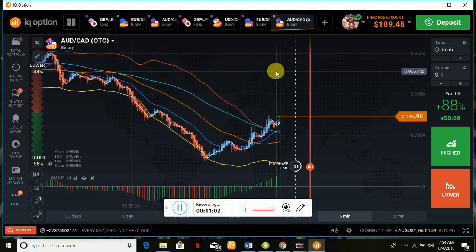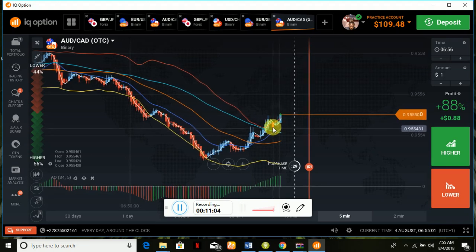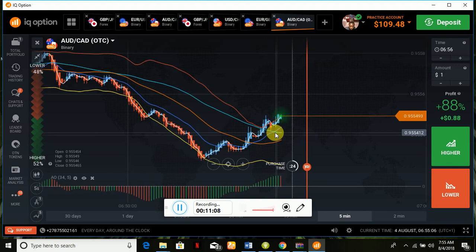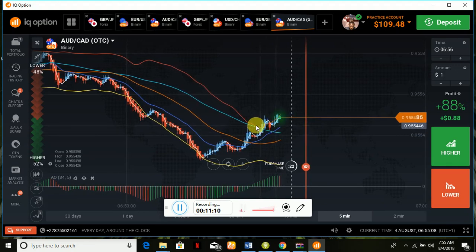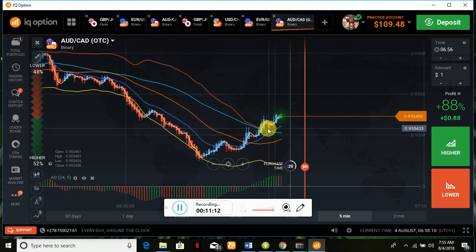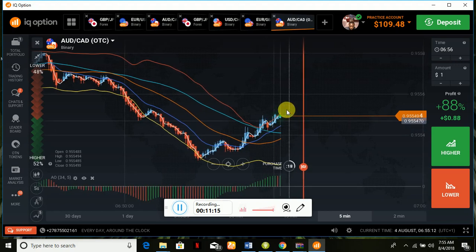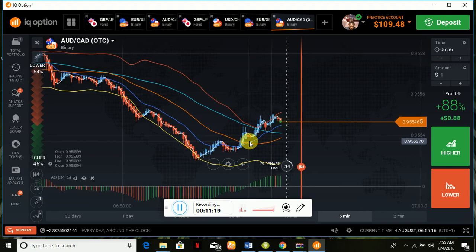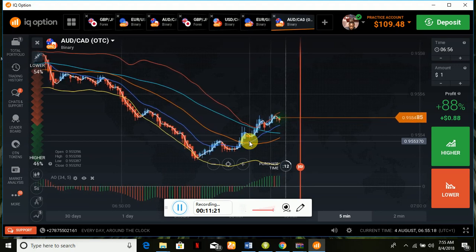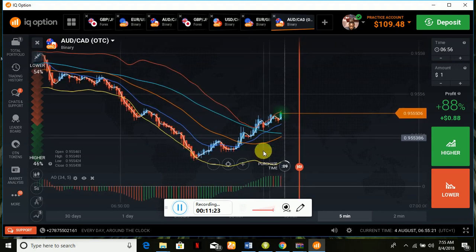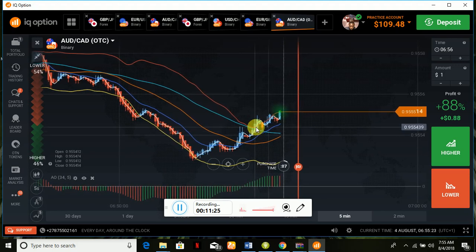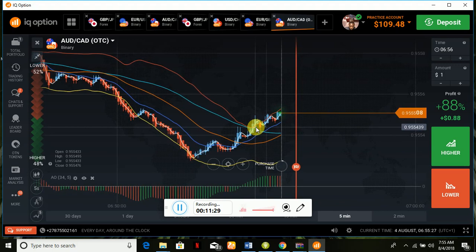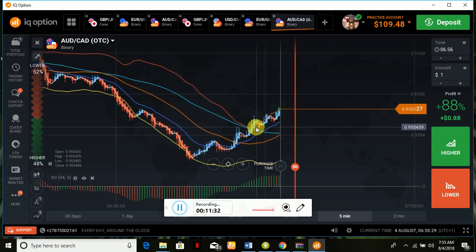In some cases this thing will just shoot up and not even come back to test this line, but it normally does that because that's what forex does. It's always testing the points. As you can see, it bounced here and then went back up. Now the best conditions where you can buy in this market, after this thing has gone above, what I'm going to explain will apply also if it goes below.